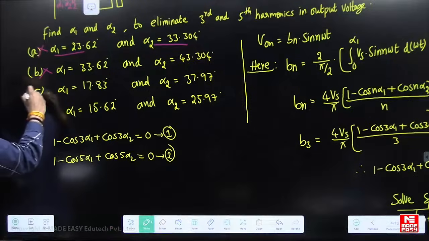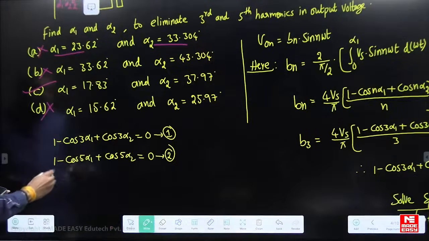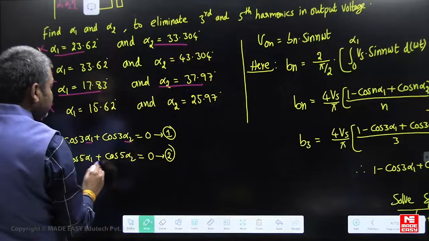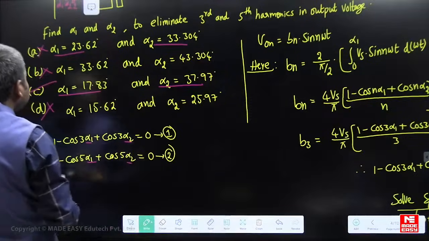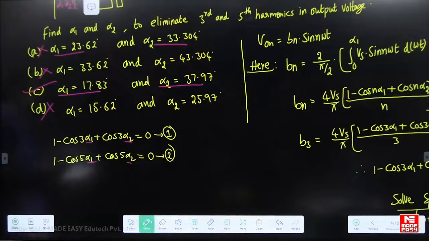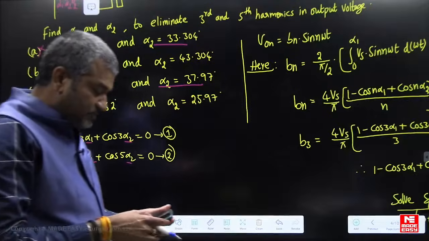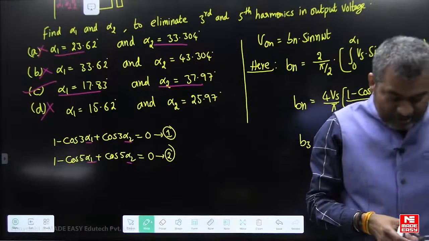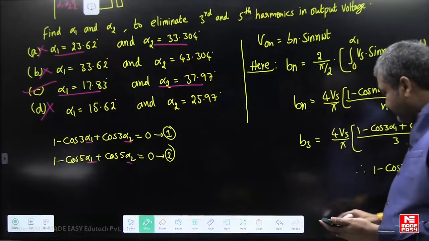This is right, this is also wrong. Just substitute these values here, it will match. So, that is why the answer is option C. Please verify, students, option C is the answer here.